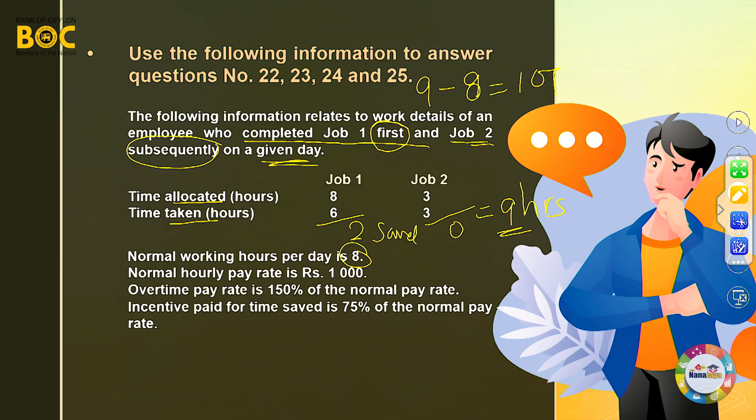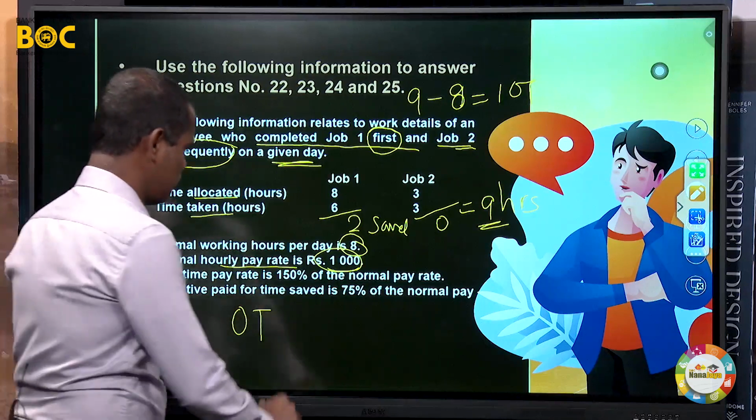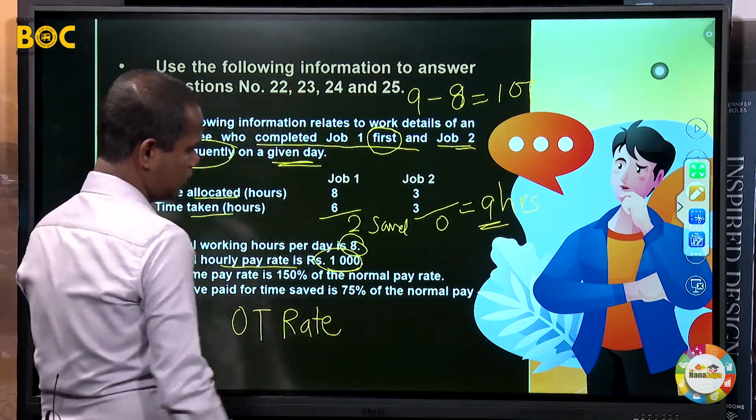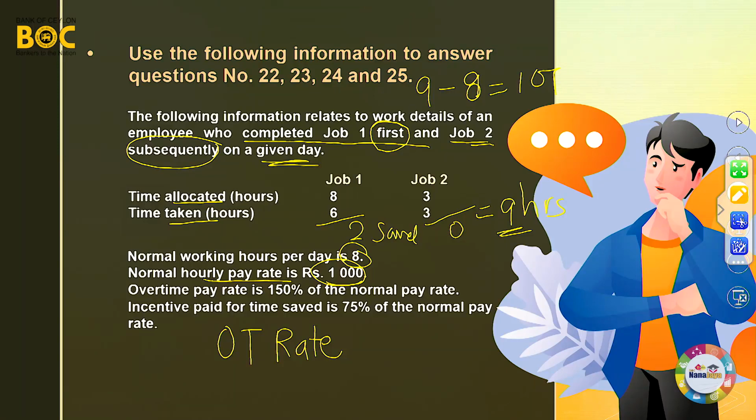Overtime pay rate: the normal hourly rate is 1000. The overtime pay rate is 150% of the normal pay rate, so 1000 rupees into 150%.